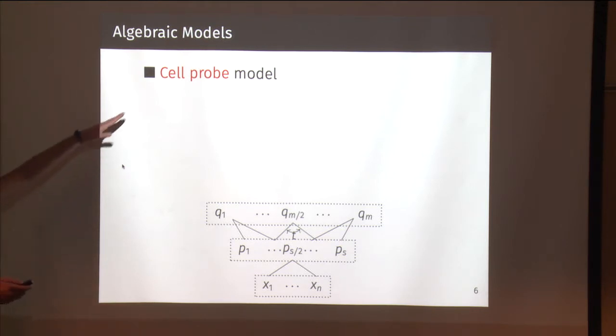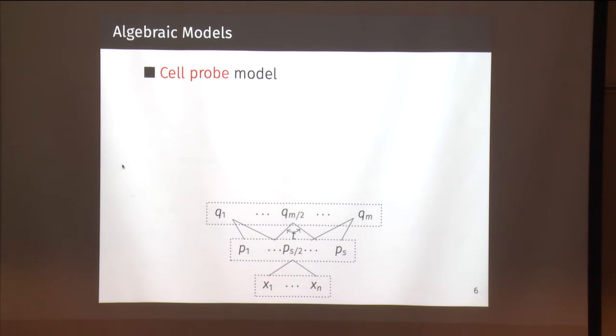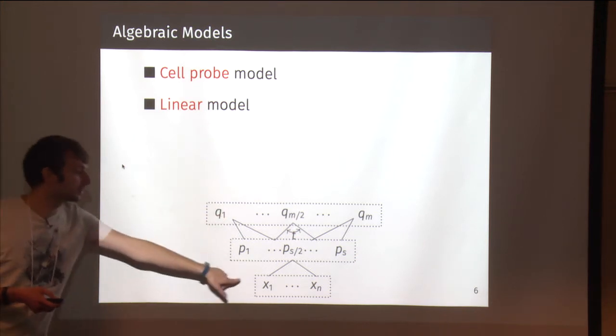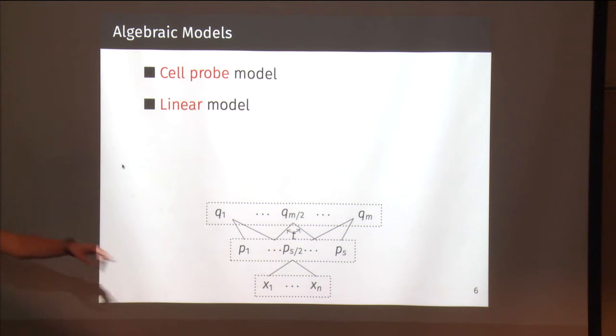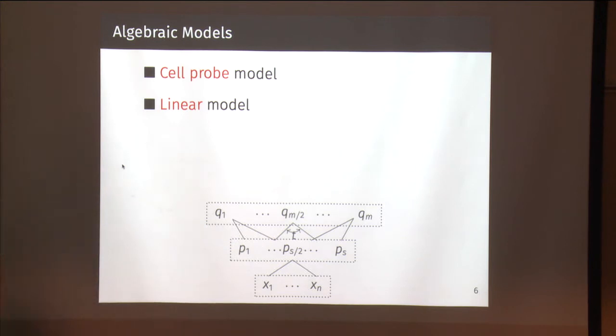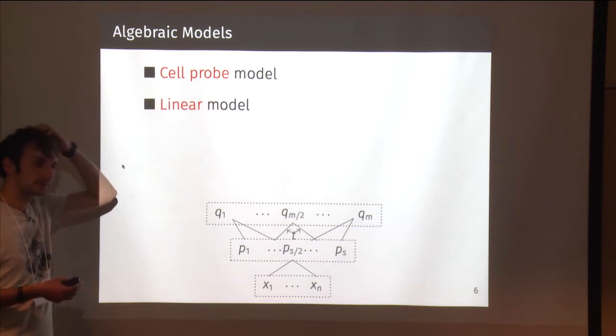So in weaker models of computation, we'll just give less power to the query phase and see if we can prove stronger lower bounds. For example, we can consider the linear model. Here, in my problem, every output is a linear combination of the inputs. But I only allow you to compute linear combinations in your data structure as well. So all you can do are linear combinations. That's weaker than the cell probe model. Can we prove stronger lower bounds at least here?